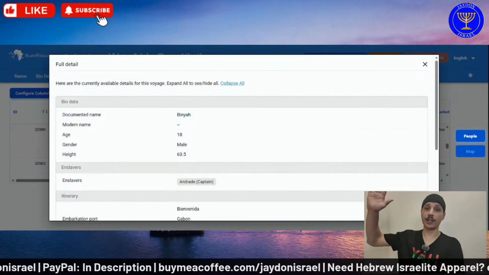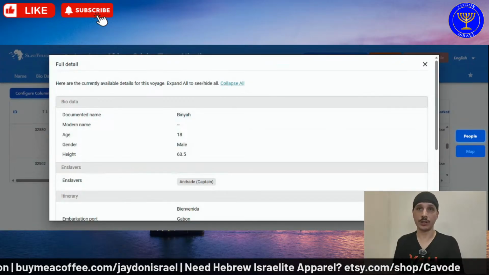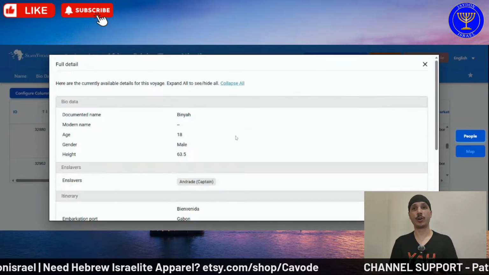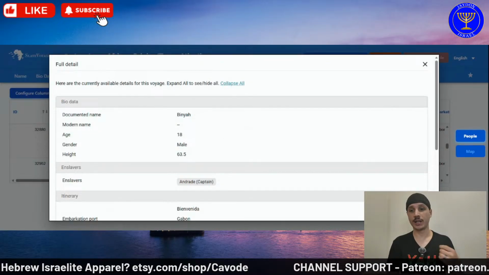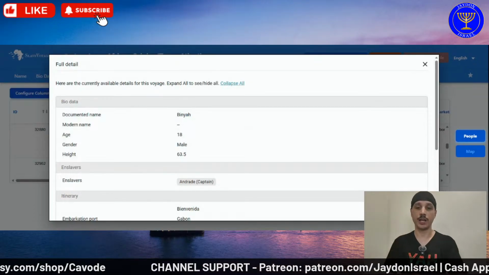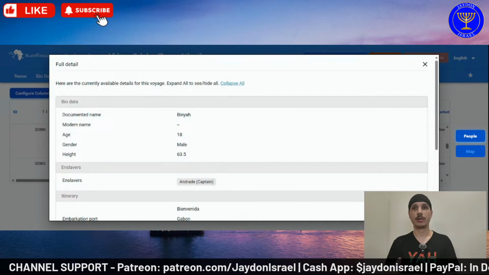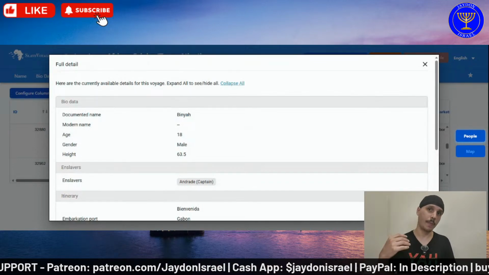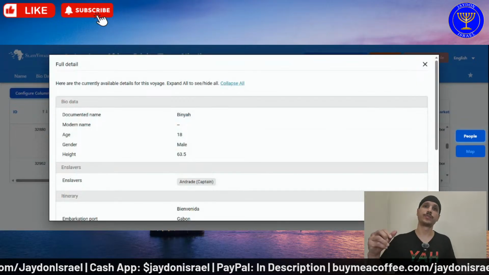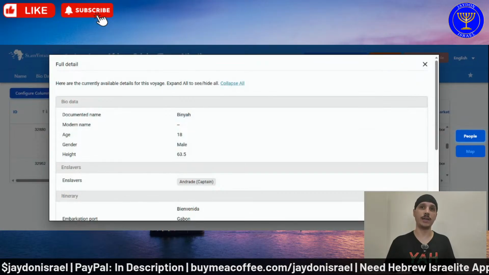Also, for those of Gullah culture, those who are tapped into Gullah culture, you know that Binya is a term of endearment used in Gullah Geechee culture. Binya means "been here," but it also refers to somebody.